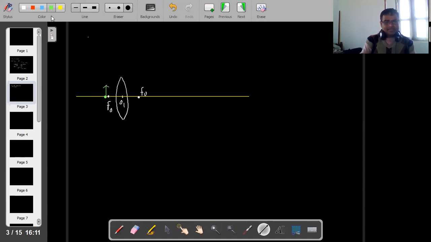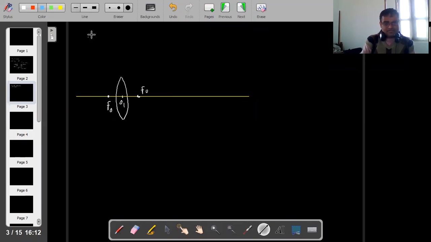Object is AB. Now light from the object, the parallel ray after refraction will pass through the focus of objective, FO. Then the ray which is passing through O1 passes undeviated. Rectify the diagram a bit, it went too far. The object is taken very close to FO, do not keep it at FO.